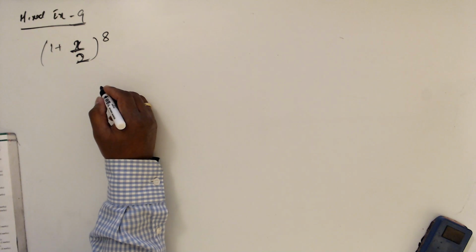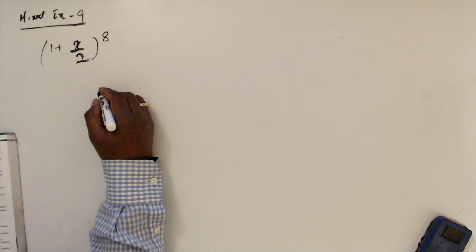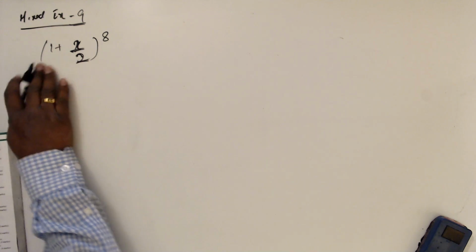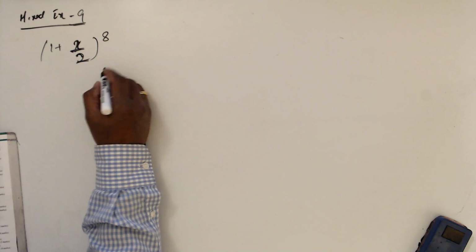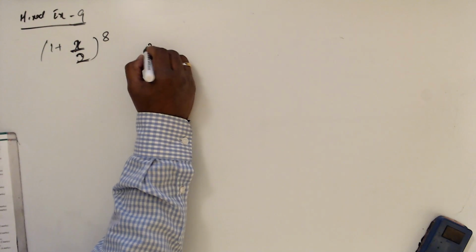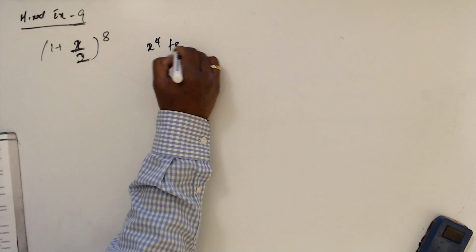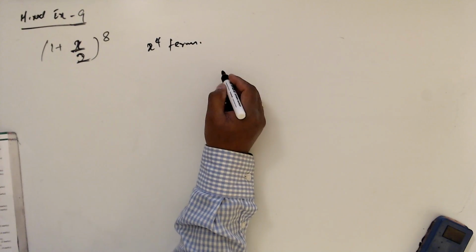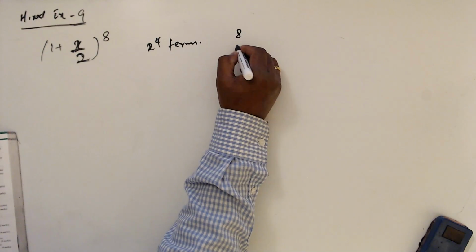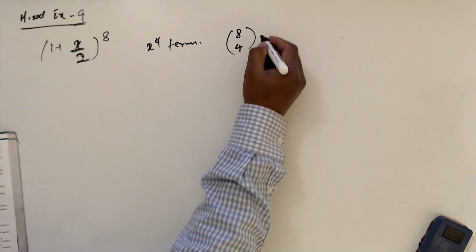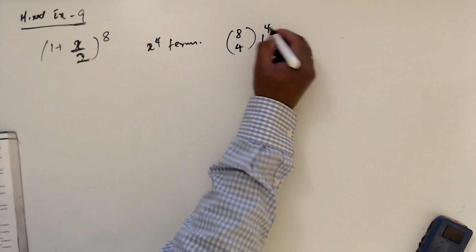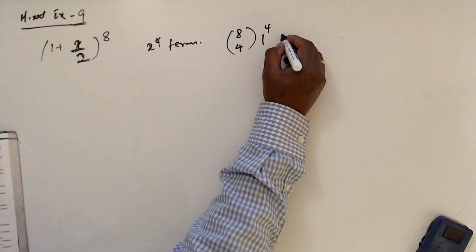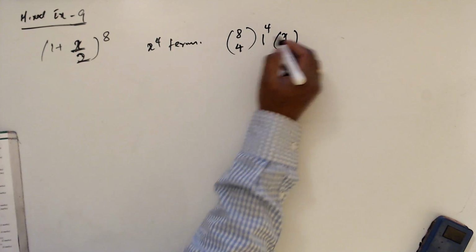Now I want to write the fourth term, the x⁴ term. So I'm writing 8C4 first, then 1 to the 8 − 4, which is 4, and then (x/2)⁴.